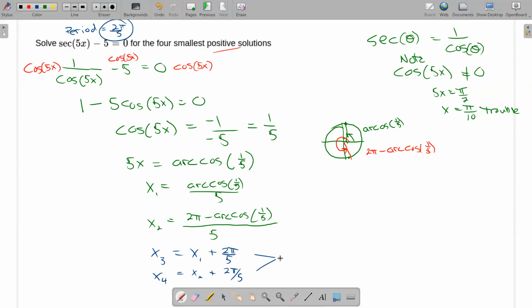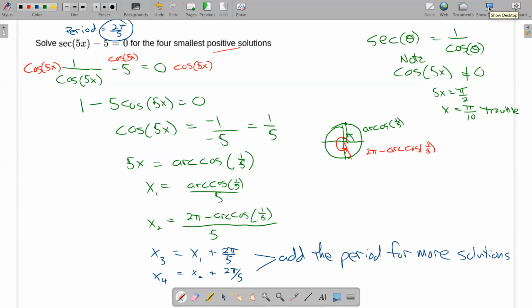So here, I'm just adding the period to get another solution. So those should be the first 4 smallest positive solutions.